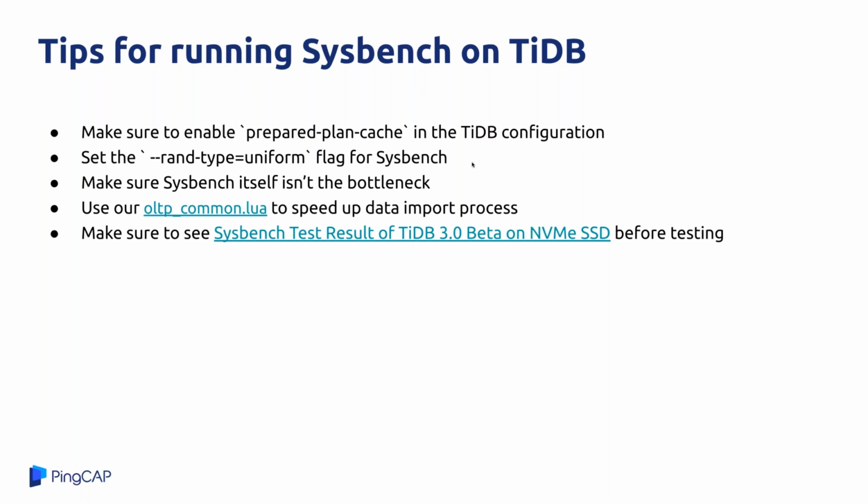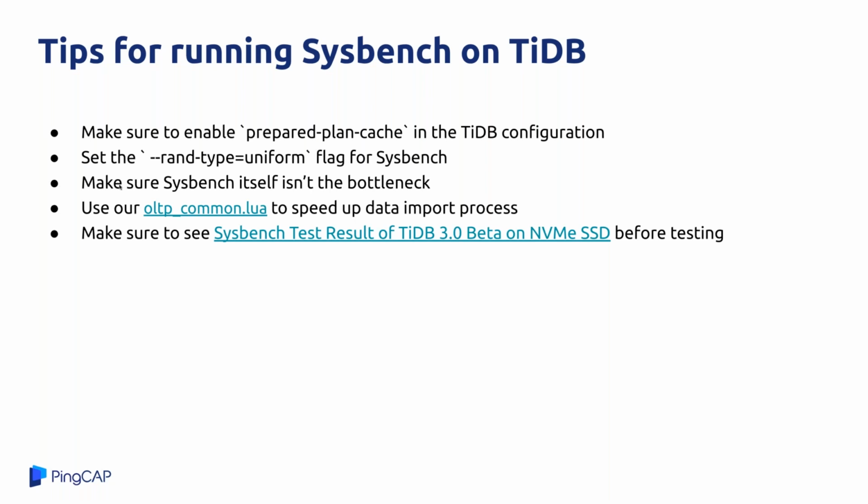Another thing is to remember to use rand-type equals uniform for Sysbench. It will generate a uniform distribution workload for the cluster, which is very good for simulating the random workload, which is good for TiDB.